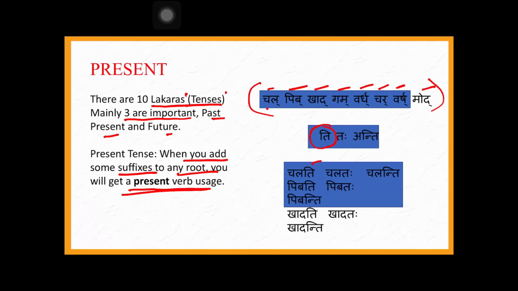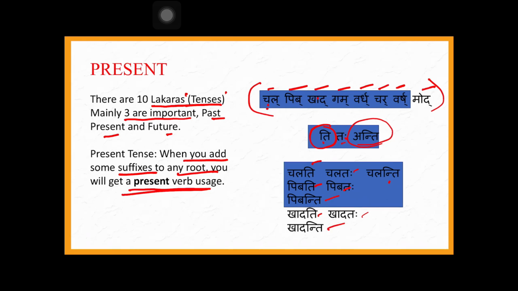Chalati, pibati, khadati. Then if you add taha: chalataha, pibataha, khadataha. The same way when you add the anti suffix to any of them, chalanti, pibanti, khadanti will happen.